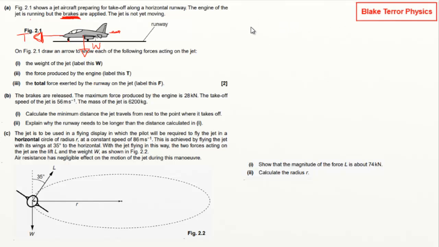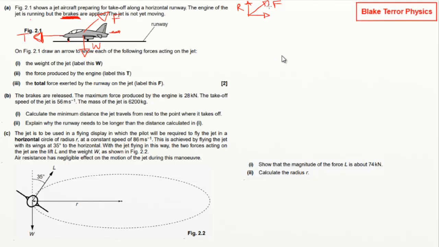So we do have friction on the ground, which means the total force exerted by the runway on the jet must be at an angle. It's a combination of the reaction force, which is going straight up, and the friction, which is going horizontally to the right. The resultant of those two is going to be our F going off at an angle.